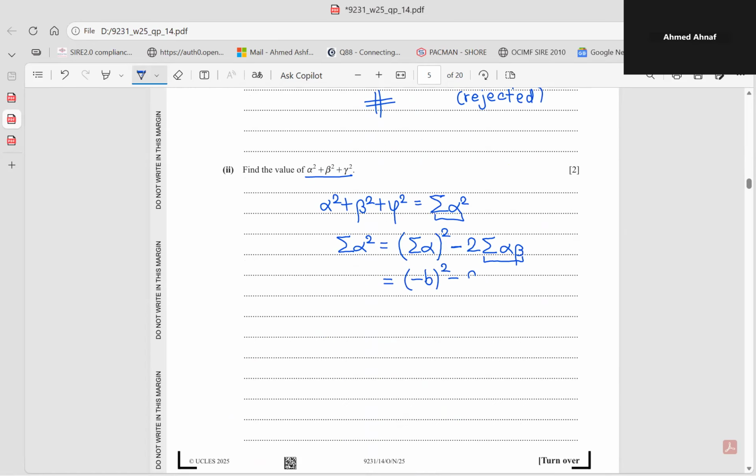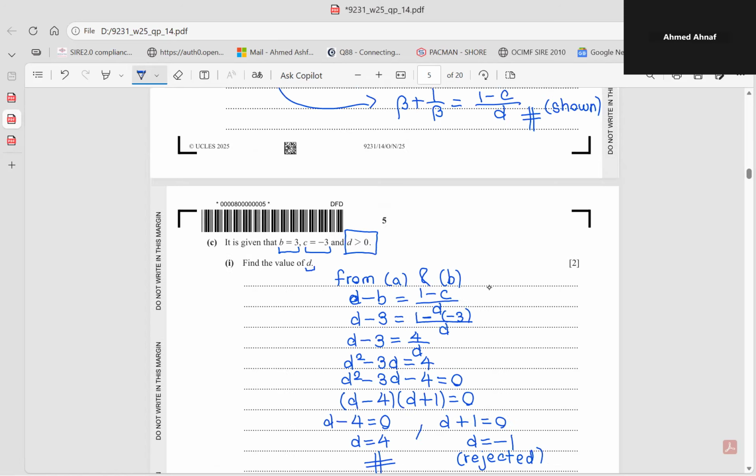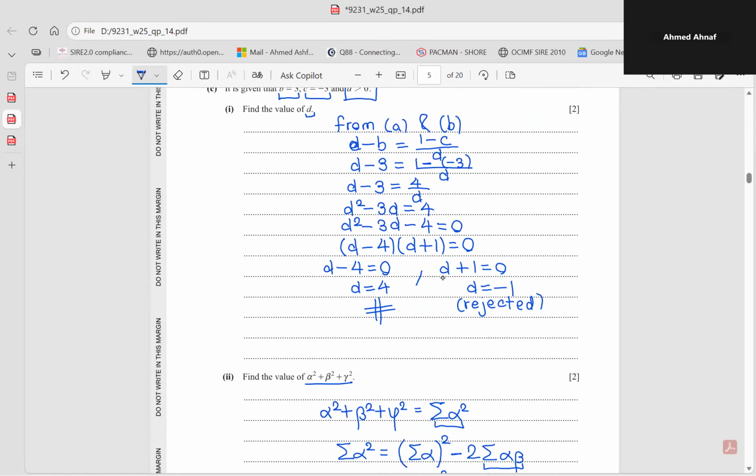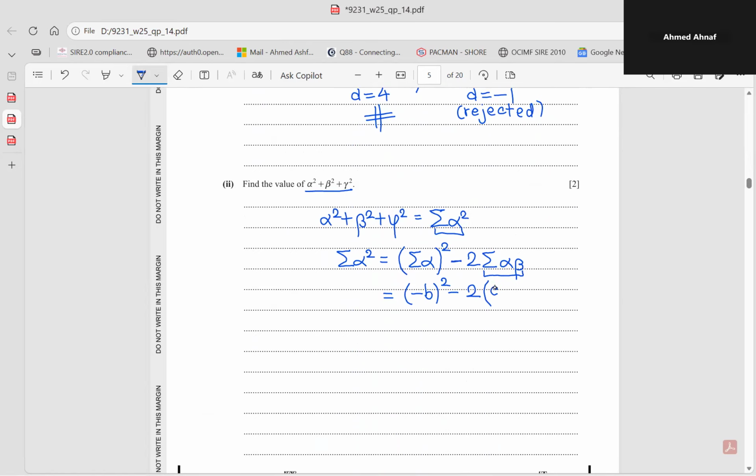And then Σαβ, that is just c. If you want a more detailed video on this topic, please let me know. So doing this, you get b squared minus 2c.